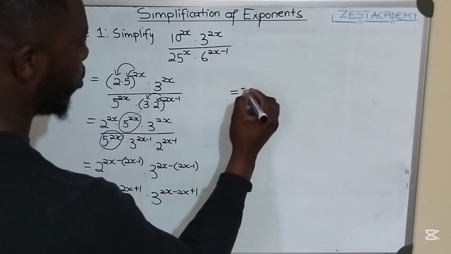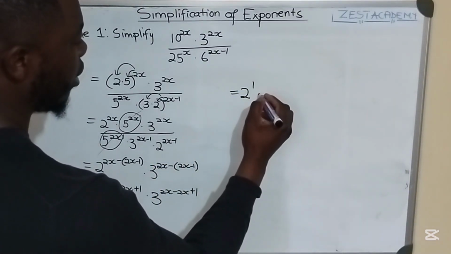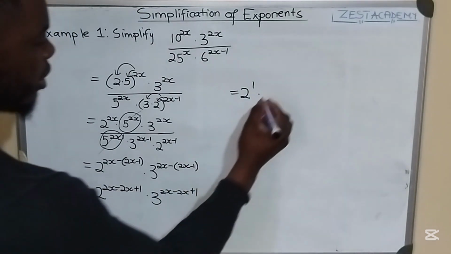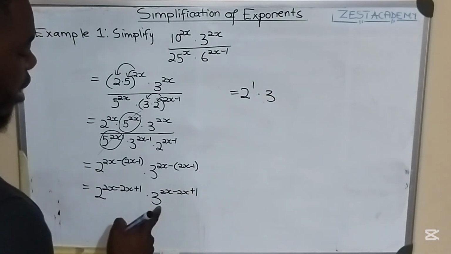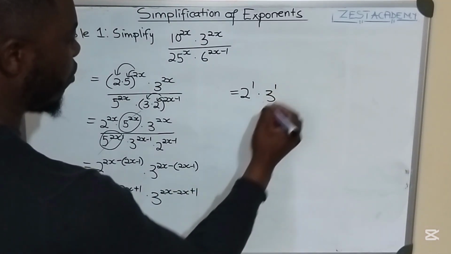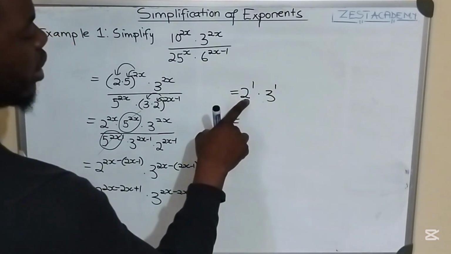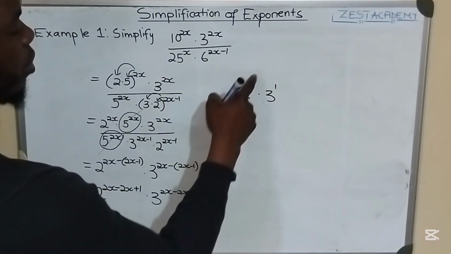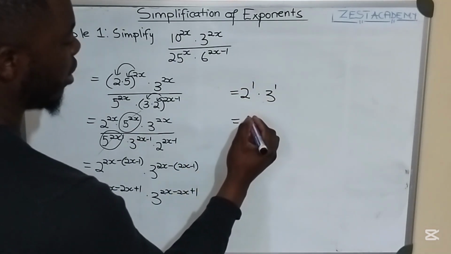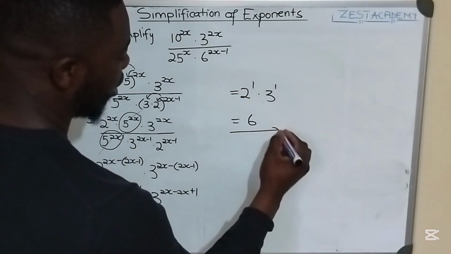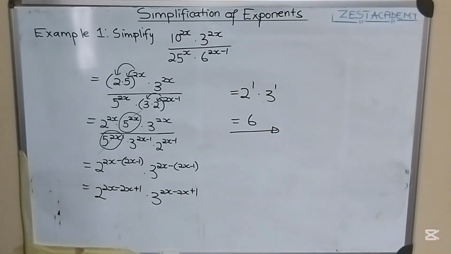So this will be 2 to the power of 1 times, and on this side, 3, the 2x and minus 2x cancel, so you are left with 3 to the power of 1. So 2 to the power of 1 is 2, 3 to the power of 1 is 3, 2 times 3 is 6. And that's our final answer.